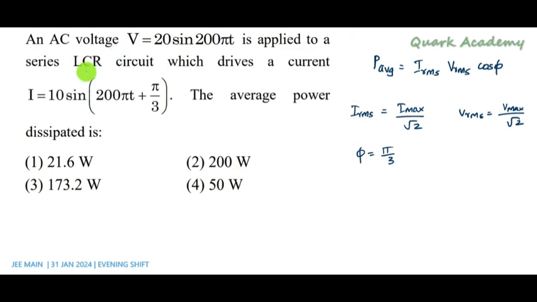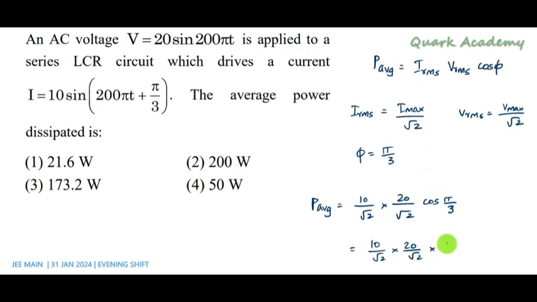So I max is 10 ampere, V max is 20 volt. Let's substitute everything. 10 by root 2 into 20 by root 2 into cos pi by 3. So it is 10 by root 2, 20 by root 2.